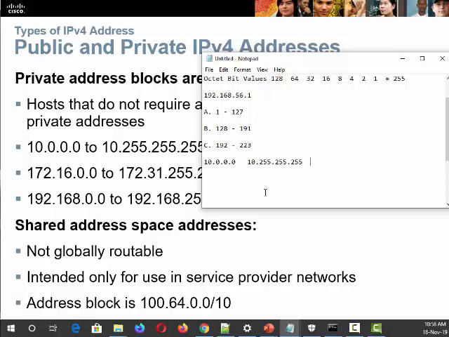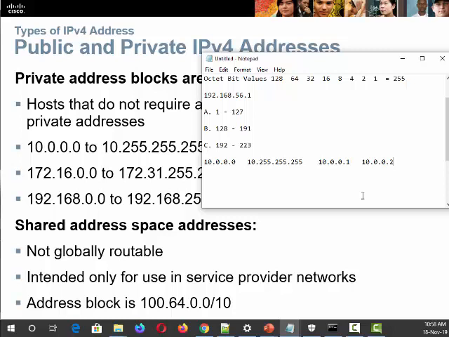Because you know that an IP address is something like this. For this one, that is 10.0.0.0. The next one after this will be 10.0.0.1. The next one will be 10.0.0.2. That's how it keeps going.